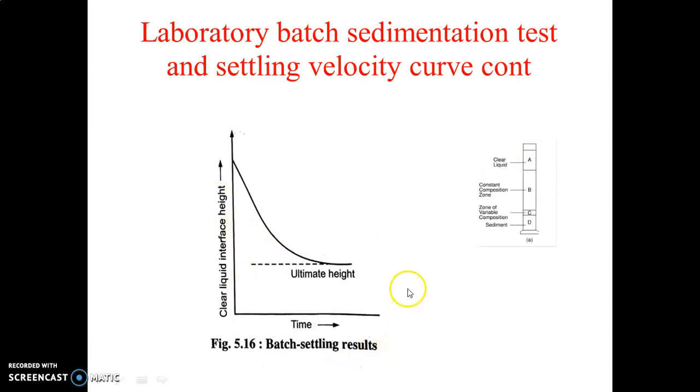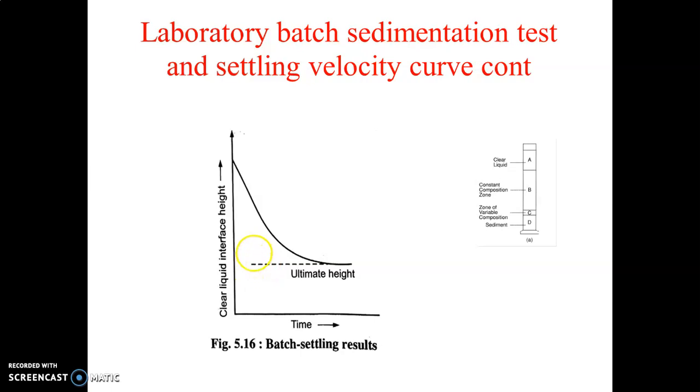This graph is called a settling velocity curve or batch settling curve. If we draw the tangent to this graph and calculate the slope at any point, that represents the settling velocity.